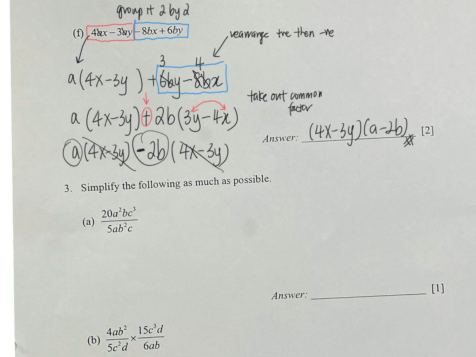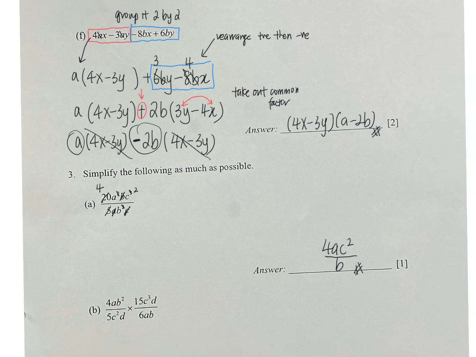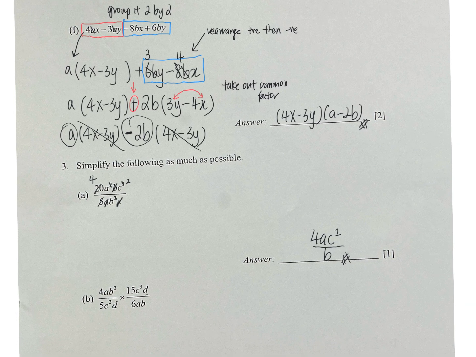Okay, simplify is our practice just now. So I just very quickly simplify. So you should be left with 4AC square over B. Okay, this is 3A, 3B, combine them together like what we did just now. 5, left 3.